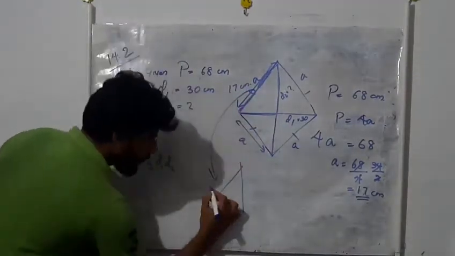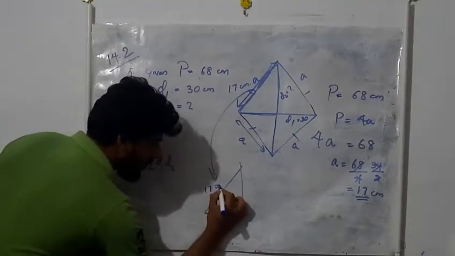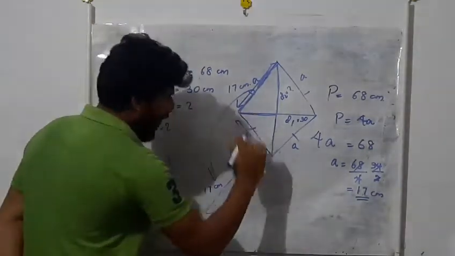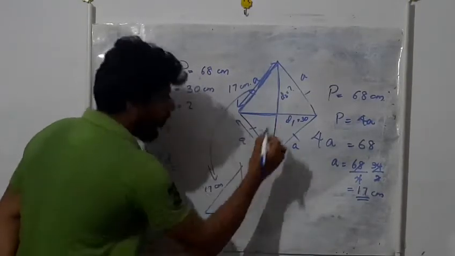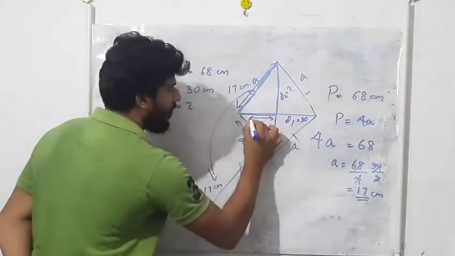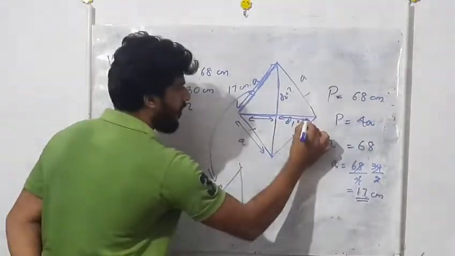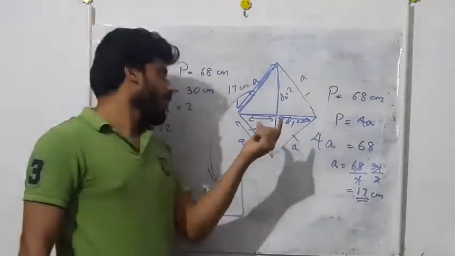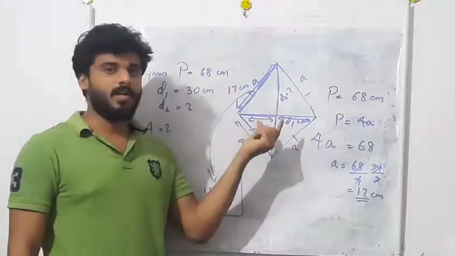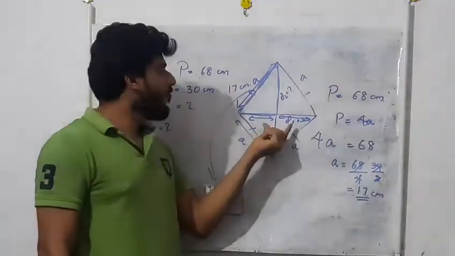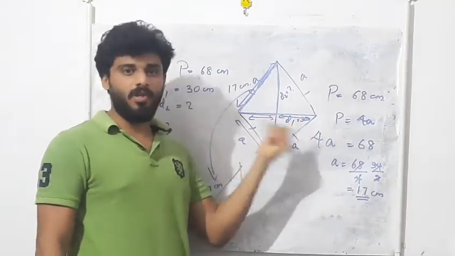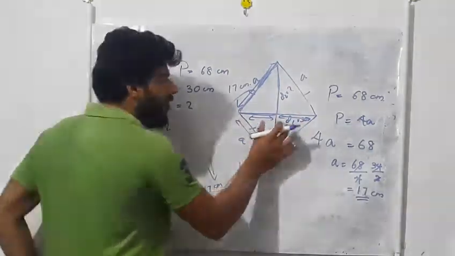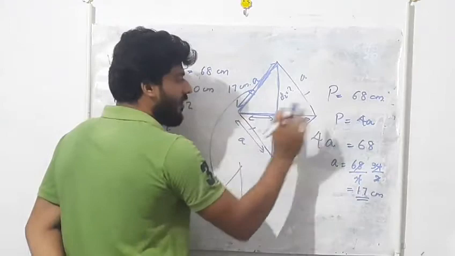Here the hypotenuse we have is the side of the rhombus, 17 centimeter, and this is the half of the first diagonal. We already know that for a rhombus with a diagonal of a particular length, its half will be half of the whole length of the diagonal, which means the whole is 30 centimeter.